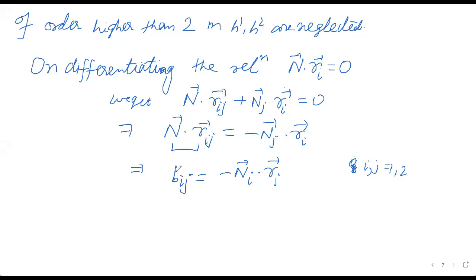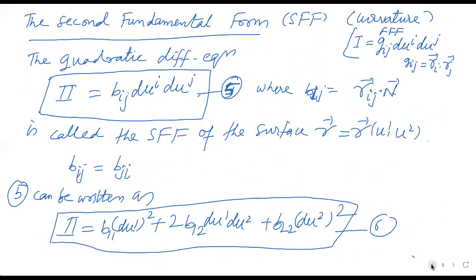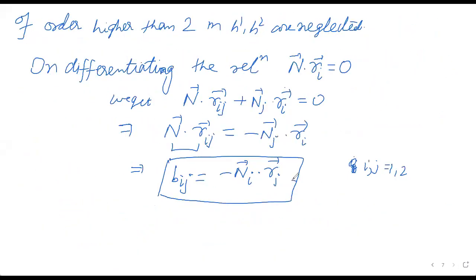So this is another formula for finding bij in terms of the normal. If you have the normal, ni dot rj is the formula in terms of first order derivative. Let us number it, 6 or 7. Clear? Is it clear? So bij can be calculated by using ni dot rj also.